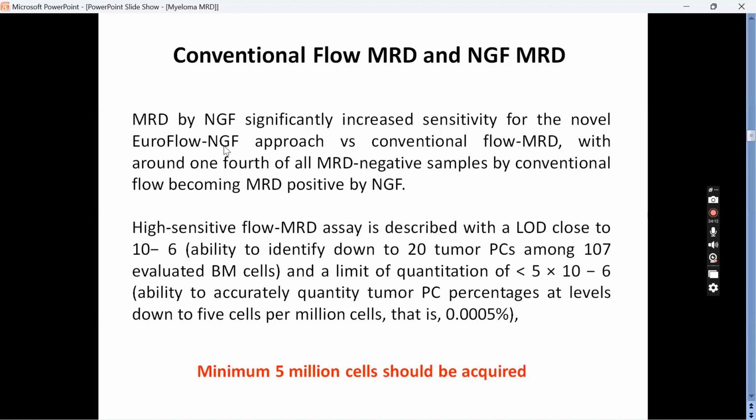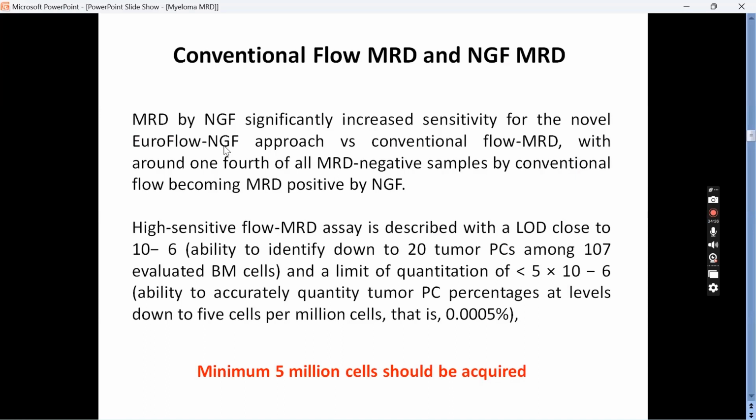Okay, for example, if you are very stringent in your antibodies, for example, you are just using kappa, lambda, CD38, CD138, and with that you want to do next generation flow cytometry and you are acquiring 10 million events, still it is not a high sensitivity next generation flow because you have compromised on the number of markers.